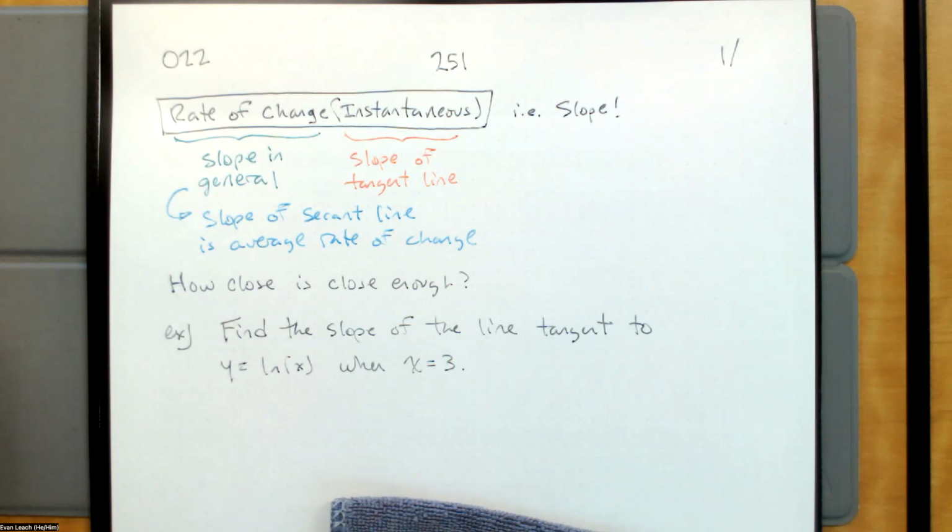Since we're now talking about tangent lines, I want to bring up the importance of the tangent line so we don't get distracted by silly things like why do we care so much about this tangent line? The tangent line is our best linear approximation of a function near a point. This is why we care about tangent lines.